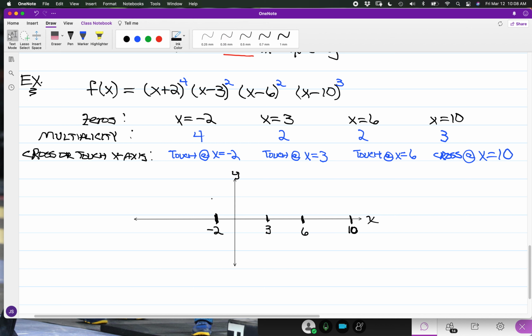In terms of the activity regarding f of x, I'll go ahead and plot the intercepts. In this particular case, we're going to have at negative 2, using t for touch and c for cross.